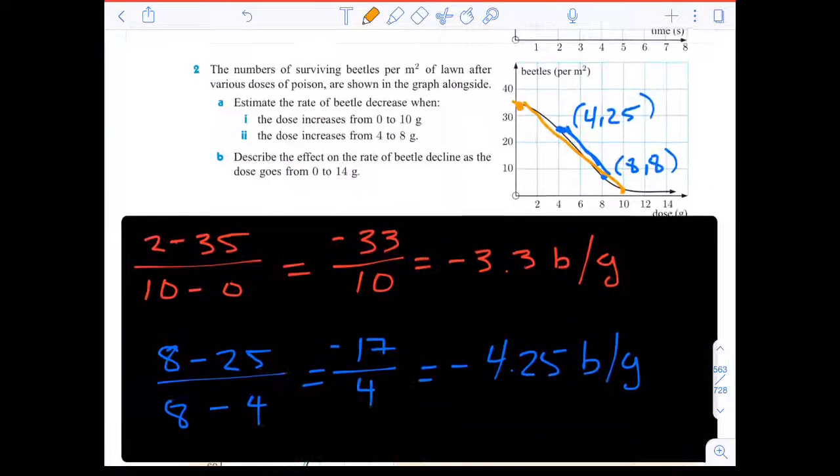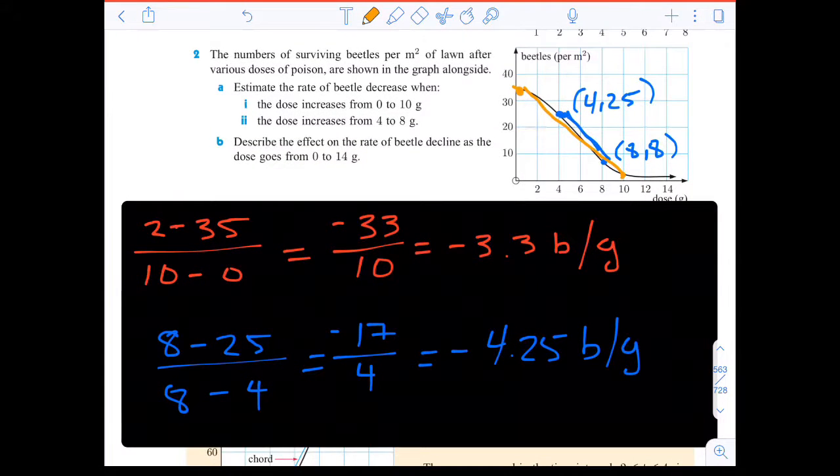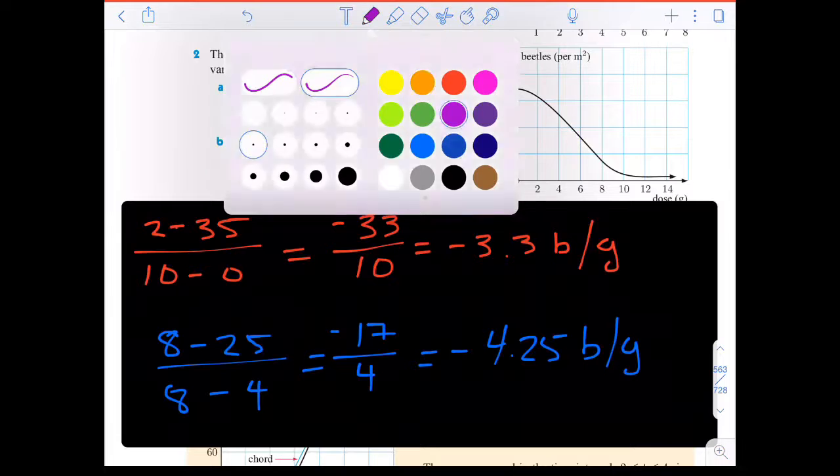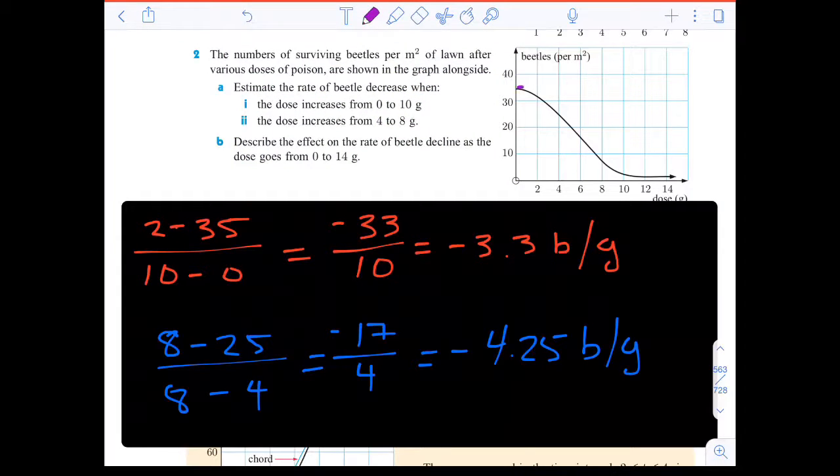Finally, last one says, describe the effect on the rate of beetle decline as dose goes from 0 to 14. So I'm going to take this off. So this one's for describing. What we might see is that it decreases, use a different color, it decreases, goes faster in this section, so it's between 4 and 6 it's decreasing at a faster rate.